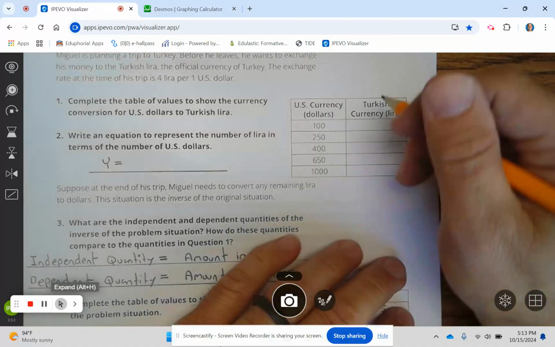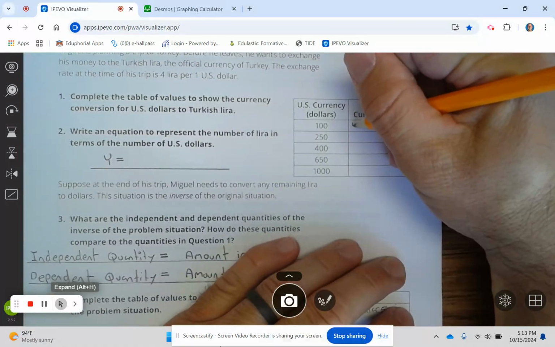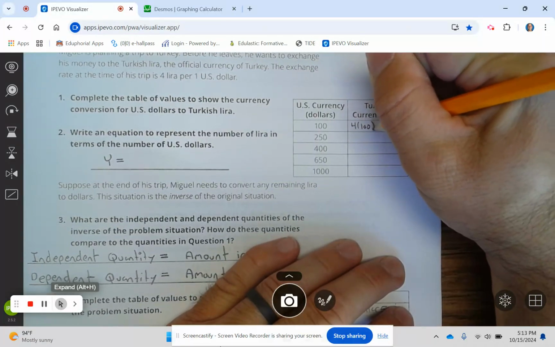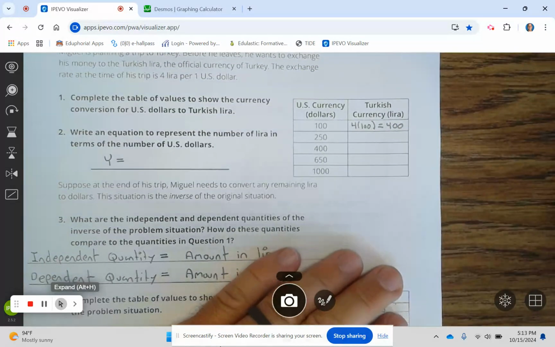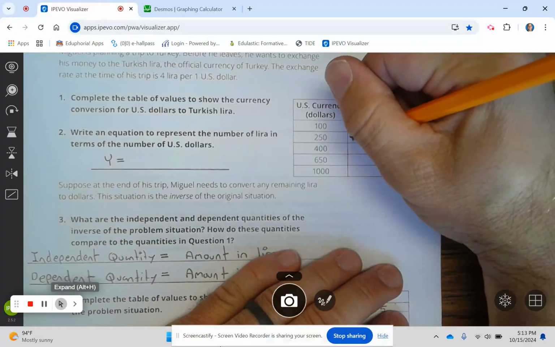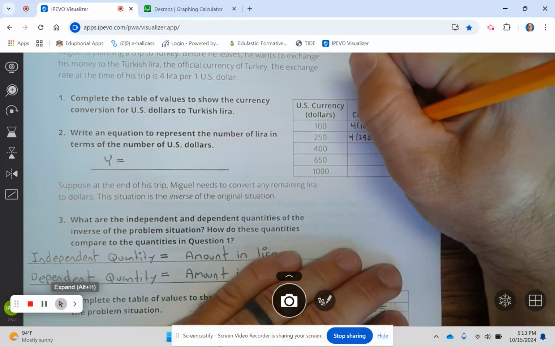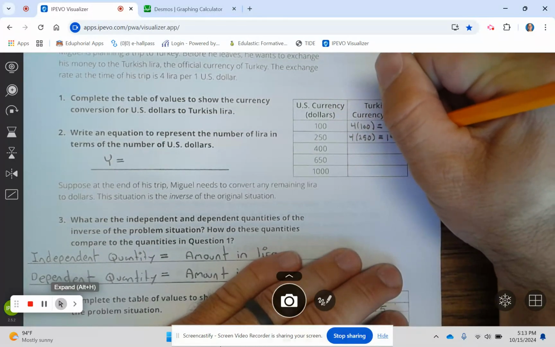Okay, so that will be 4 times 100, which equals 400. And then this will be 4 times 250, which equals 1,000.